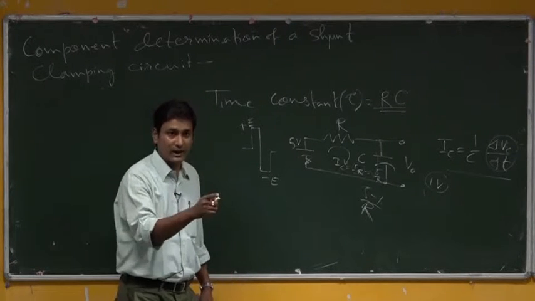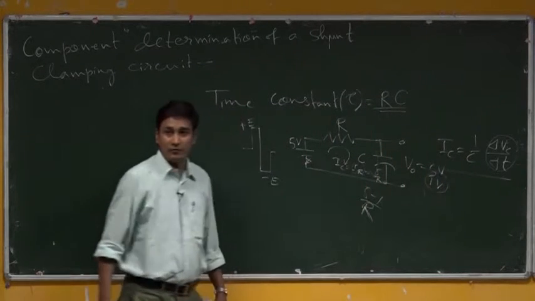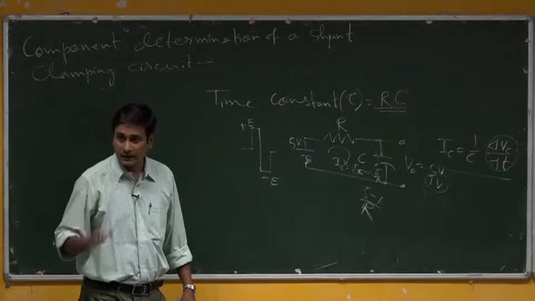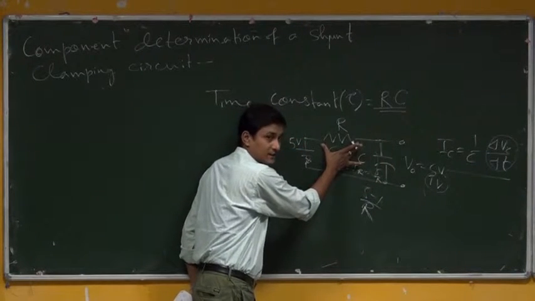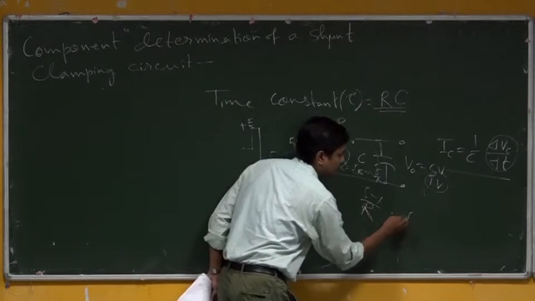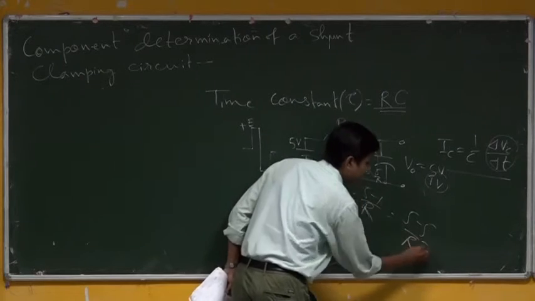So, one time will come when this capacitor will be fully charged with 5 volt. The time it becomes charged at 5 volt, the potential drop across the resistor becomes 0. So, IR current is 0.